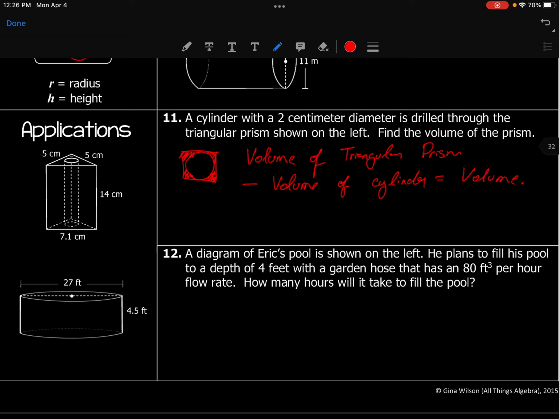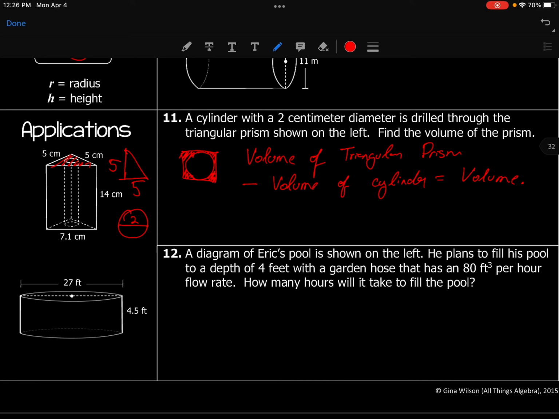That's the hint that I'm going to give you guys. I hope you guys can solve it. The base of this triangular prism is shaped as such, 5, 5, and then the diameter of the cylinder is 2. That should be enough information to solve.